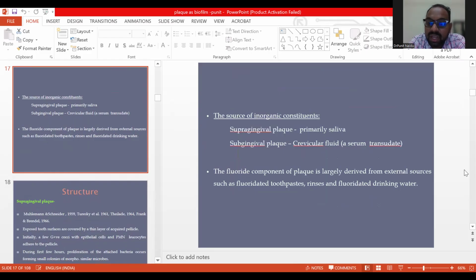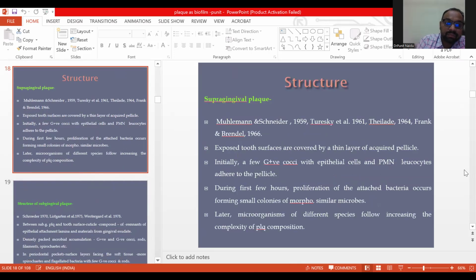As for the sources of inorganic constituents, supragingival plaque derives them primarily from saliva, and subgingival plaque primarily from crevicular fluid. The fluoride component of plaque is largely derived from external sources such as fluoridated toothpaste, rinses, and fluoridated drinking water. The structure of supragingival plaque is mainly covered by a thin layer of acquired pellicle.